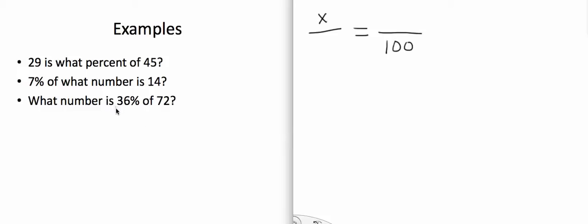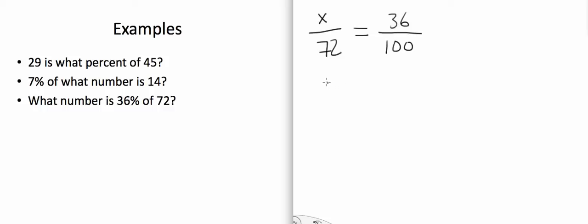Now, some people will ask, okay, but is is right next to 36. But we've got 36%, so that percent takes over the 36. The is is not associated with the 36%. The is is associated with the what number. All right, so we've got 36%, as we just talked about, that goes here. And we've got of 72, so that goes on the bottom.